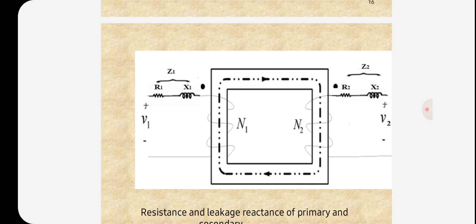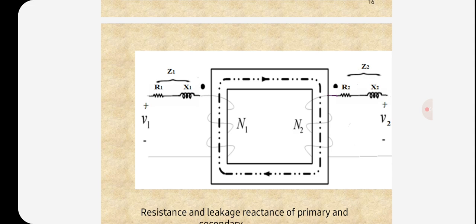So by adding the I1 R1 and I1 X1 drops to E1, we get V1, and by subtracting the I2 R2 and I2 X2 drops from E2, we get V2.